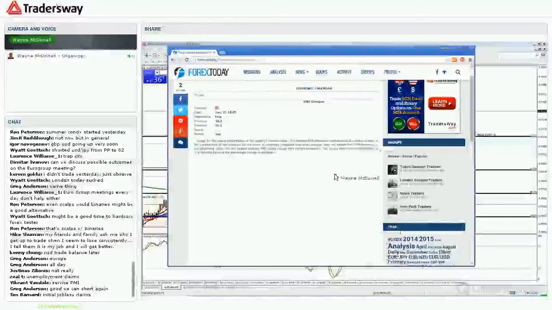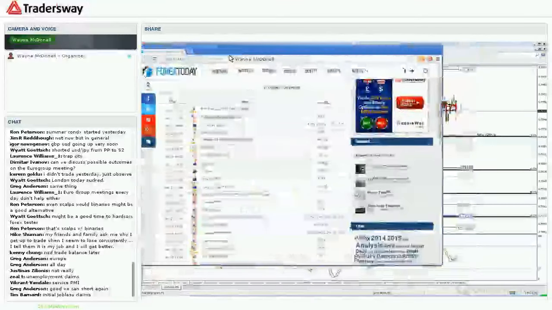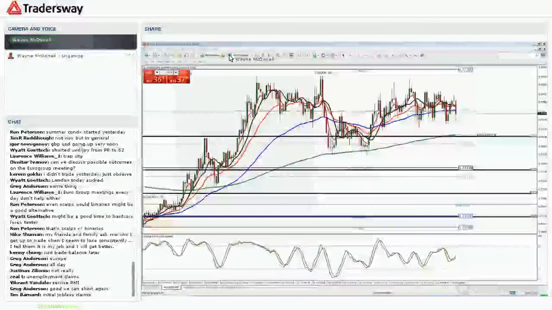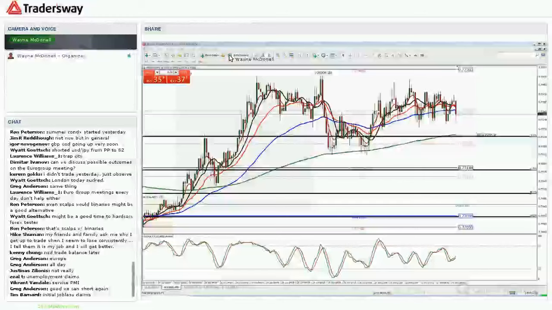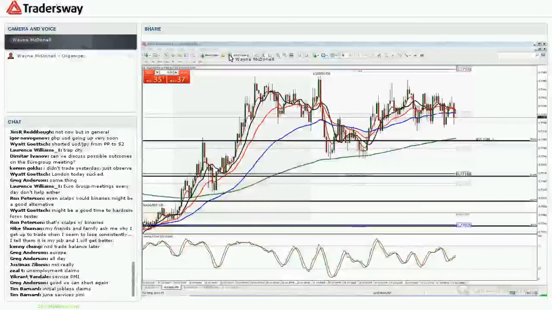Well, then that's a big deal. They have it as not a big deal. Can someone confirm on a different calendar? Is that June services PMI? All right, so then that is a big deal, and that'll be the market mover.